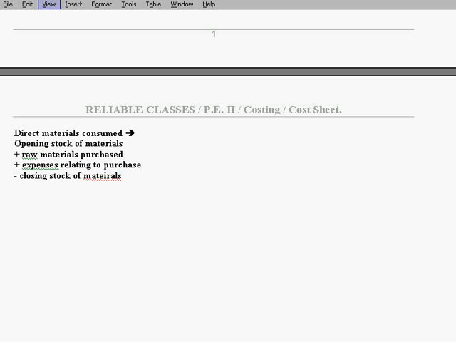Just like when we purchase machinery, the cost of bringing that machinery to our premises and bringing it to use, erection charges and all, we add to the cost of machinery. Same way here for raw materials, we add it to the cost of raw material.